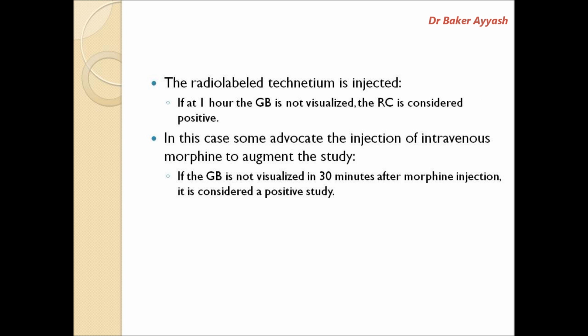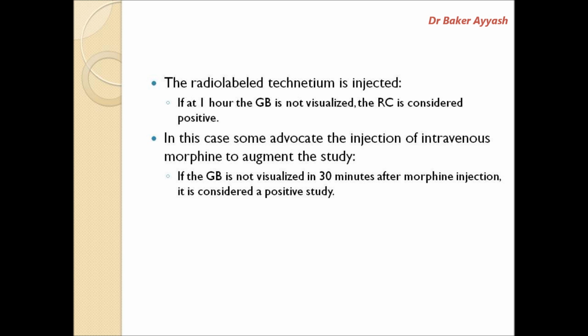Briefly about the procedure, the radiolabel technetium is injected, and if at 1 hour the gallbladder is not visualized, the RC is considered positive. In this case, some advocate the injection of intravenous morphine to augment the study as a confirmatory measure because of high false positive rates.